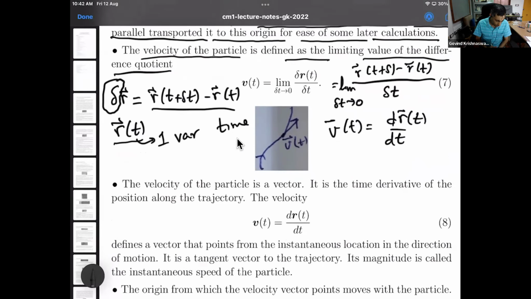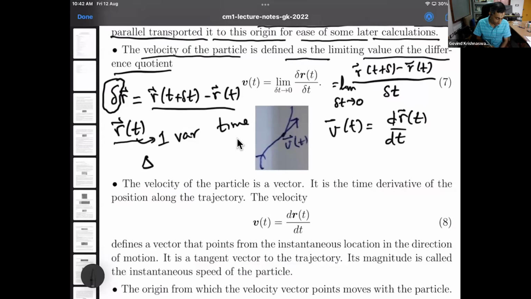But does the triangular symbol delta have any particular significance? Oh, you mean to use this symbol, capital delta? Yes. I could very well have used capital delta r of t divided by capital delta t. If I was so inclined, there is no difference.